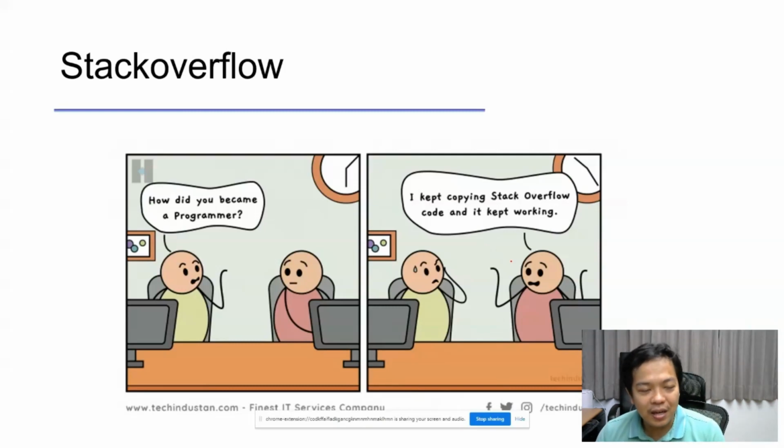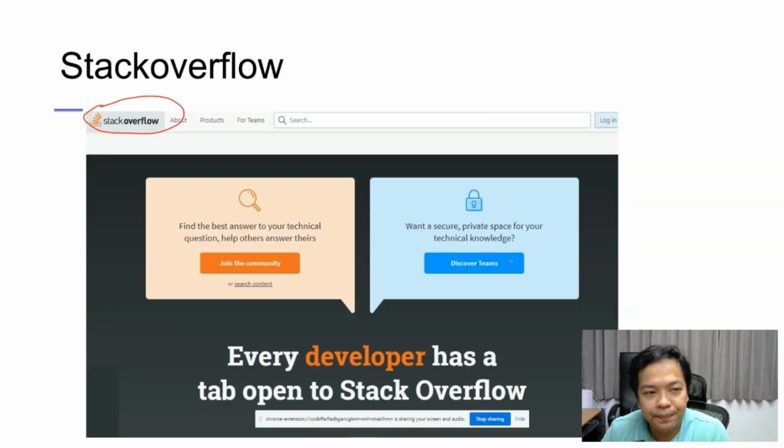Actually, Stack Overflow has a lot of answers, and the community and programmers give very good answers on how to make code look good. Every developer has a tab open to Stack Overflow. If you don't yet know this website, maybe you can visit it and see how it looks.